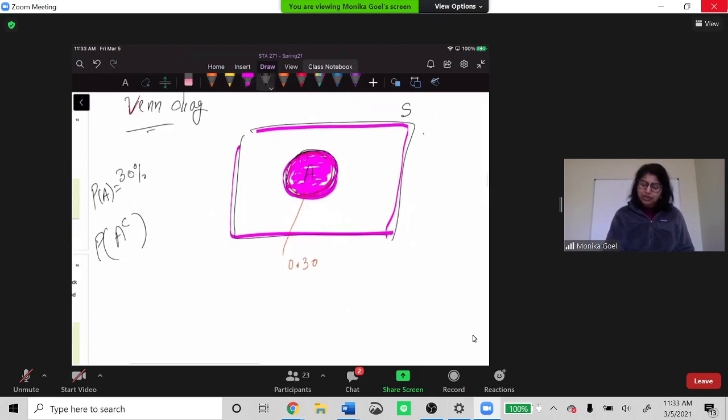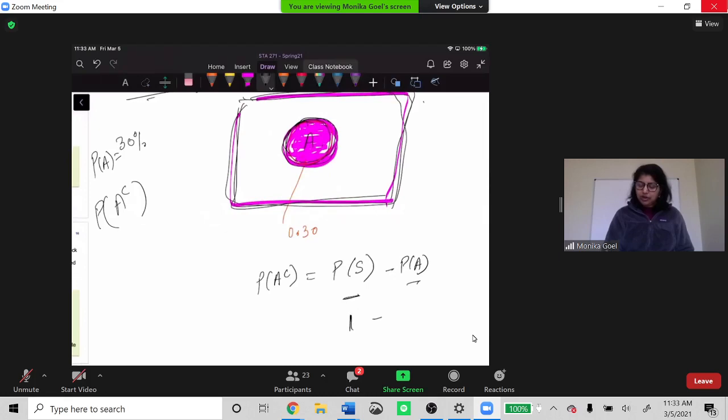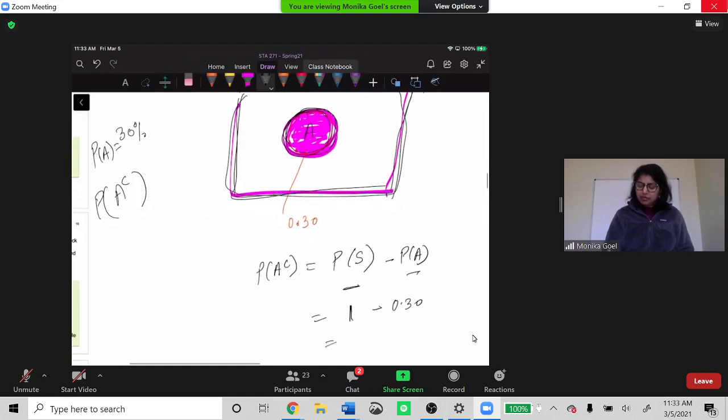If this is 30% and the whole thing is 1 whole, I can find the complement, which is the probability of the sample space minus the probability of A. I know the sample space is 1 and the probability of this is 30%, so the complement is 70%. Questions? Everybody good with this?